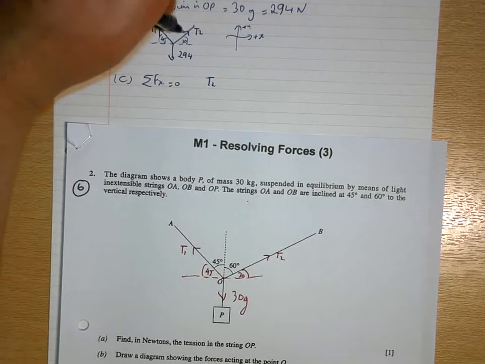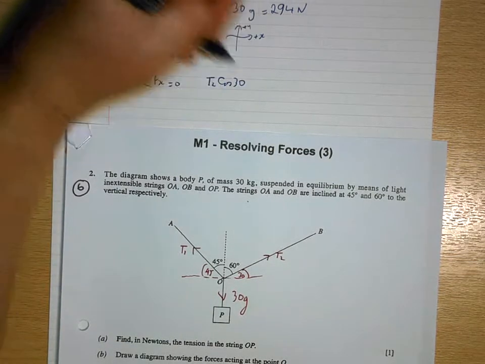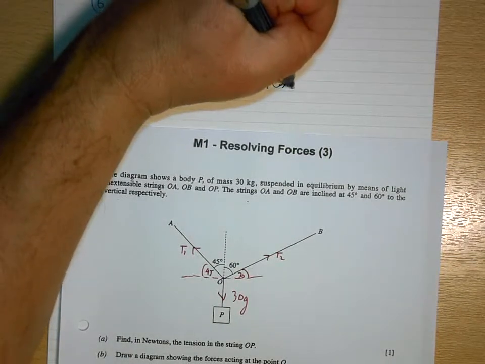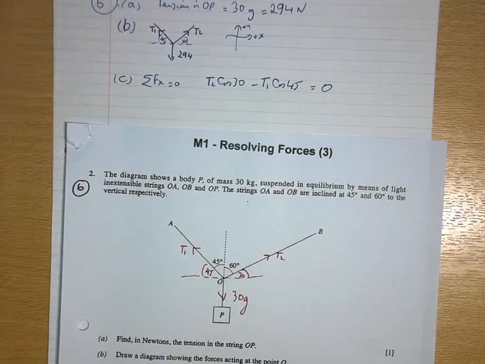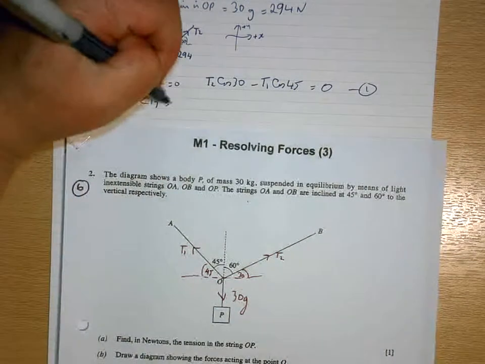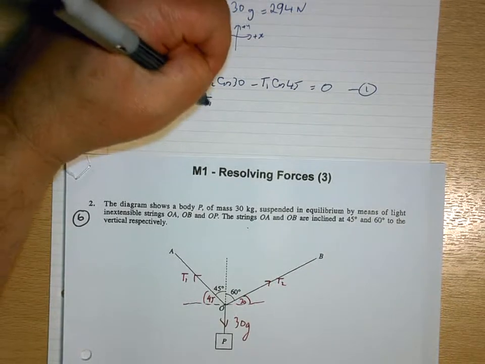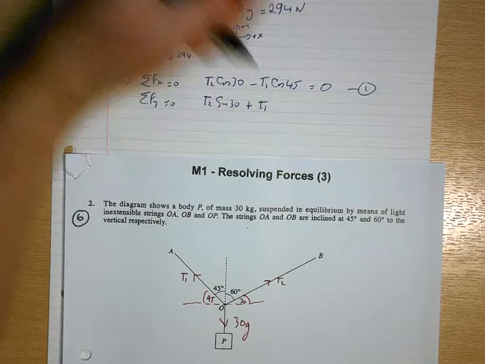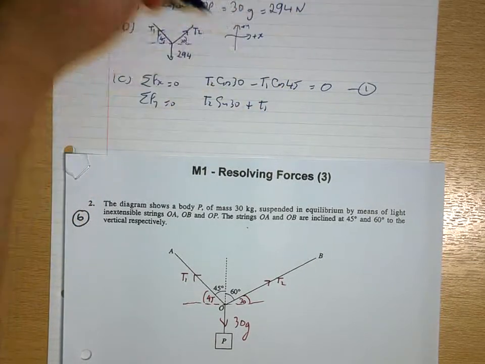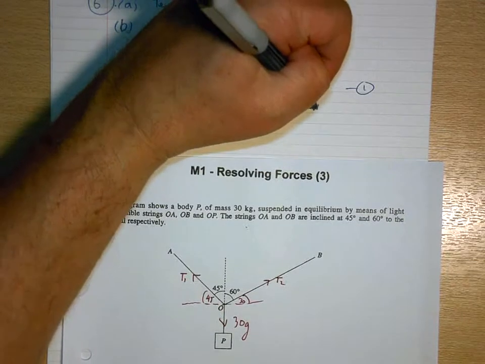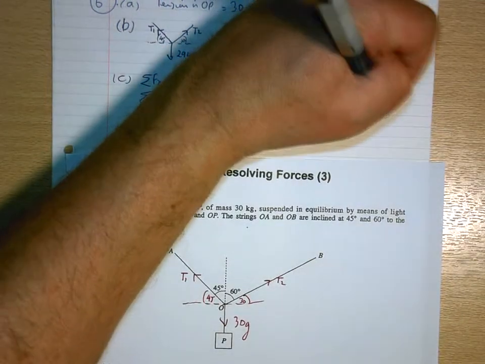That would be T2 cos 30 minus T1 cos 45 equals 0. Y components equals 0: T2 sine 30 plus T1 sine 45 minus 294 equals 0.